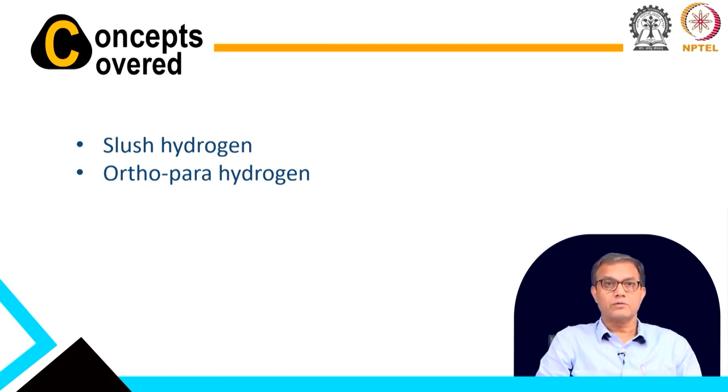In the last class we talked about the hydrogen properties and we have seen that hydrogen is basically low density, since it is a very small molecule and it is the first element in the periodic table.